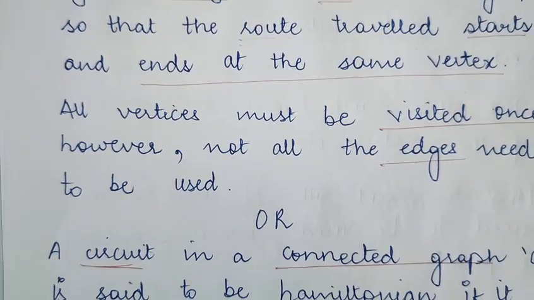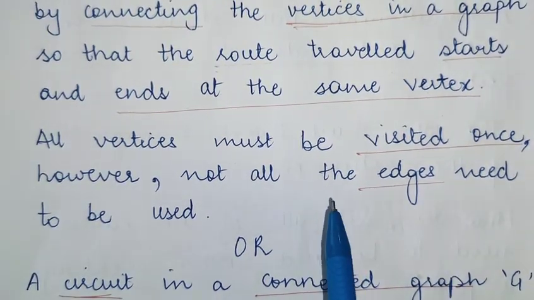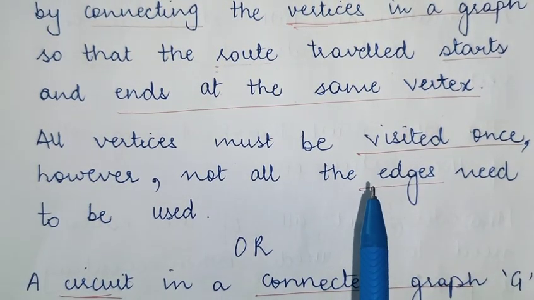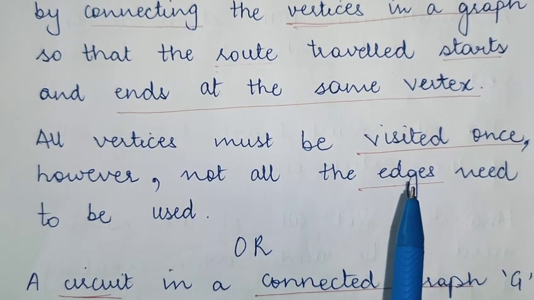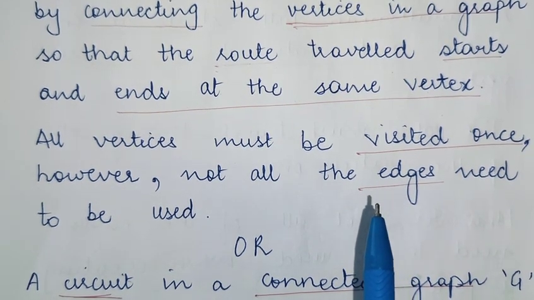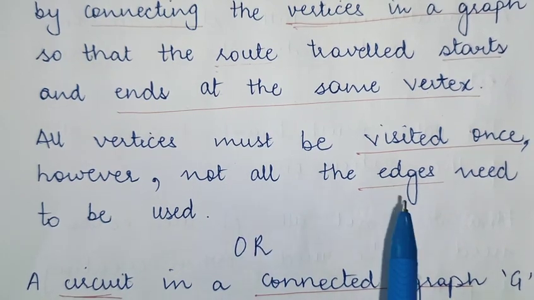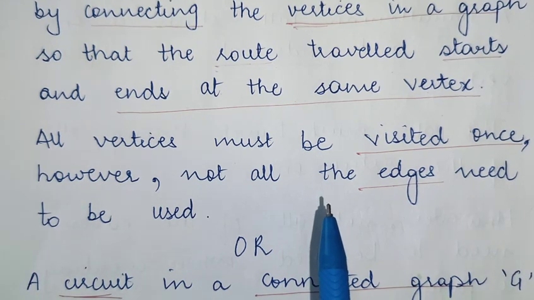Also, all vertices must be visited once. You have to visit all the vertices of the graph once. So no vertex can be visited more than once, and all the vertices of the graph have to be visited. No vertex can be left. But not all edges need to be used. Again, the same rule does not apply for the edges.